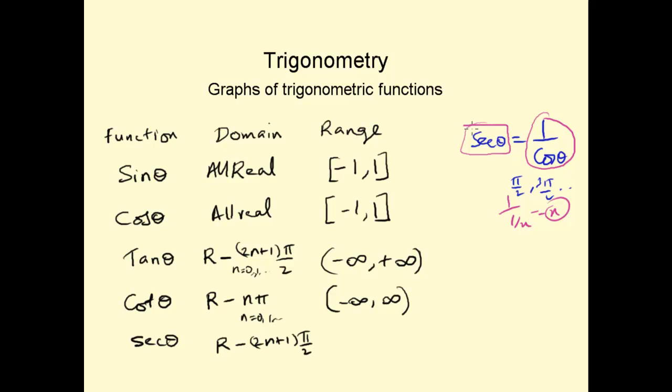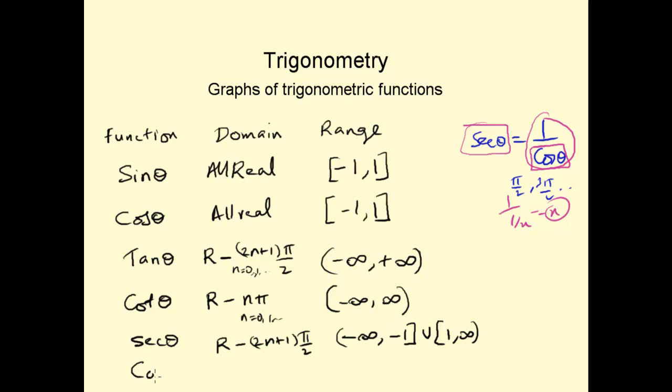It's always greater than 1 or less than minus 1. If cosine theta is between minus 1 and 1, secant theta should be more than 1 or less than minus 1. Including 1 and minus 1, that should be included, right? So the range of secant theta would be minus infinity to minus 1, including minus 1, but not minus infinity, union 1 to infinity.